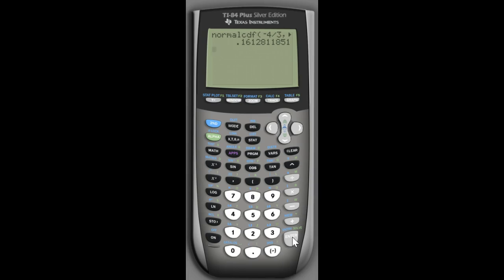Now, this feels like a lot of work, and it really is. So the calculator actually makes this easier on me. I can just use second vars, the normal CDF, and put in the two values that I want the percentage between, 80 and 90. But now it gives me an option down here to put in my mean and standard deviation.